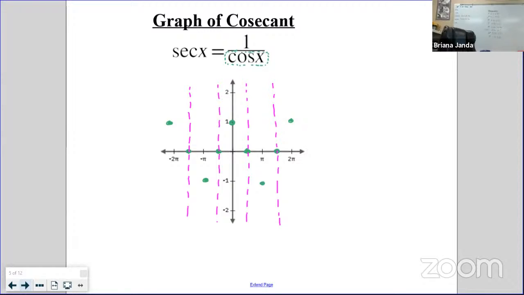The dots off of my midline become the start of my parabola, and my parabola always goes away from my midline. So if it's below my midline, my parabola will head down. If my dot is above my midline, my parabola will head up. And we fill all of those in.